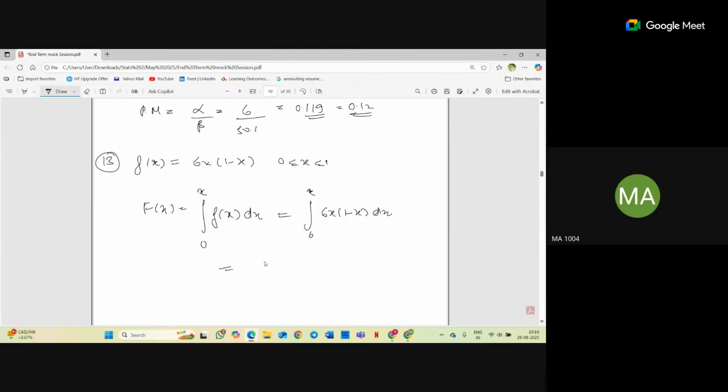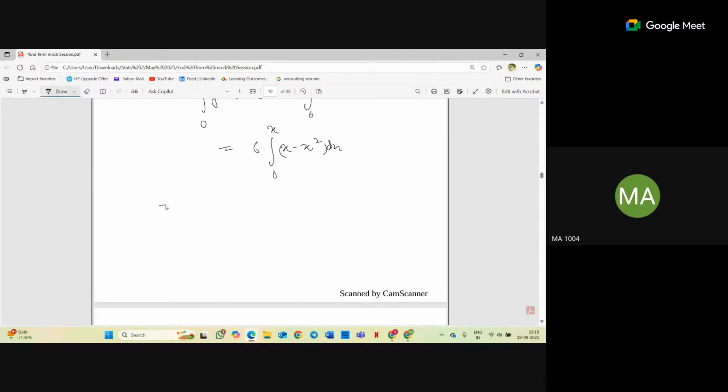Okay, so 6 is a constant term. So this will be 0 to x, x minus x squared dx. Now I can write this as 6 times x squared by 2 minus x cubed by 3, from 0 to x. Can I write it?